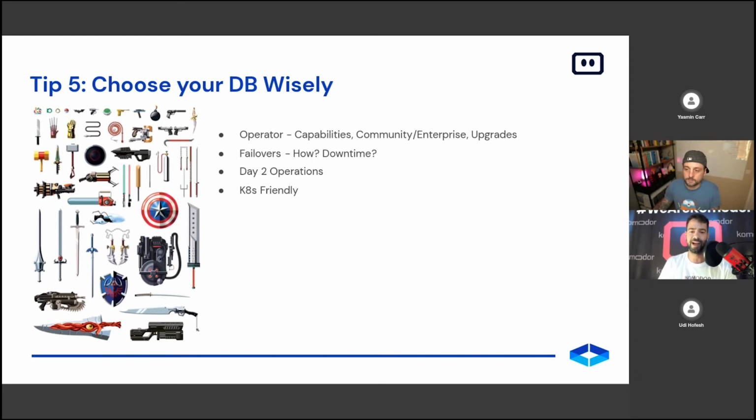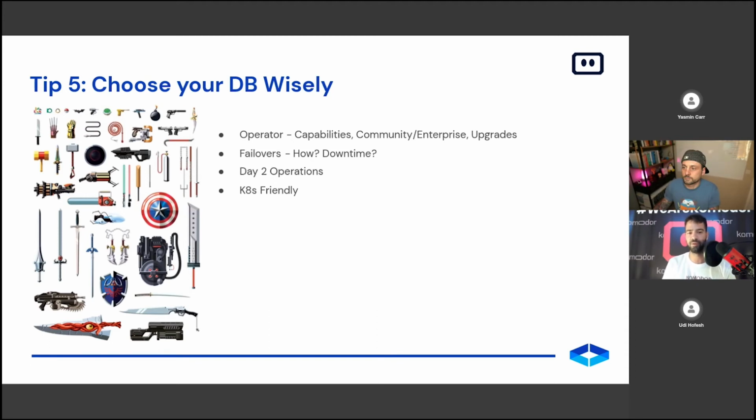Most of the common databases have a few operators. For example, Postgres has many operators out there, and it's not only about choosing the database, it's about choosing the operator too. When you're choosing a database, you need to know how it's going to fail and what action you need to take, or the stateful set will take for you, in order to make sure it's going to come back live again.